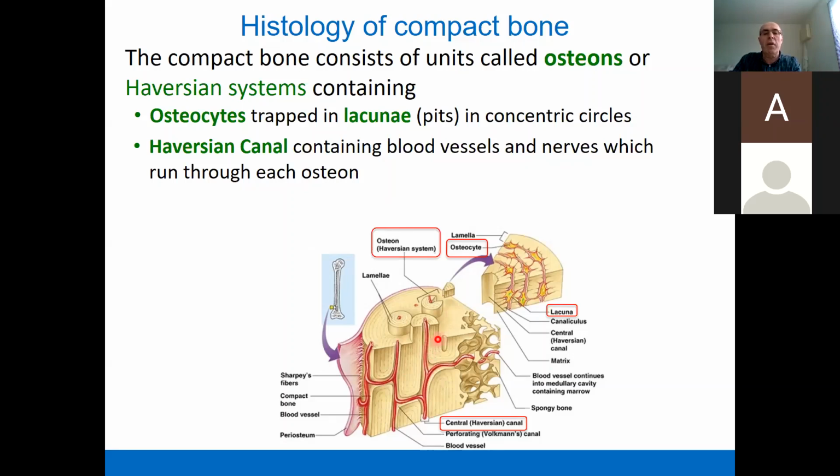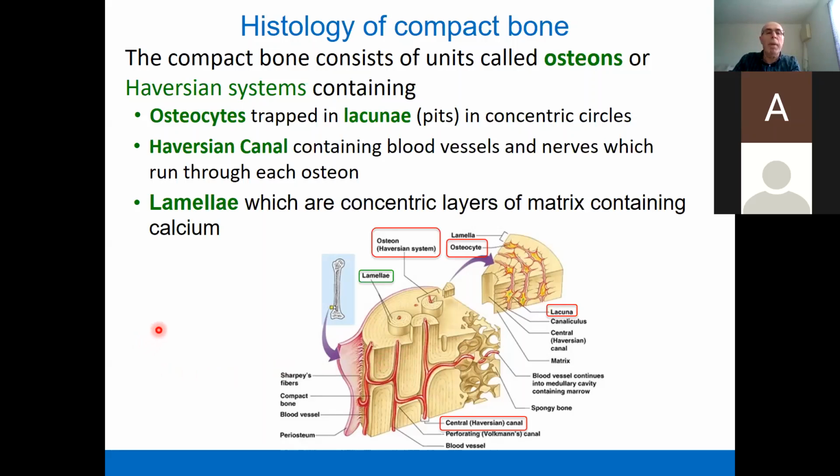Okay, the osteon, as a unit of the compact bone, consists of Haversian systems. As we see here, there are osteocytes trapped in a lacuna, which is a pit, and we also have blood vessels and nerves in the Haversian canals in our compact bones.